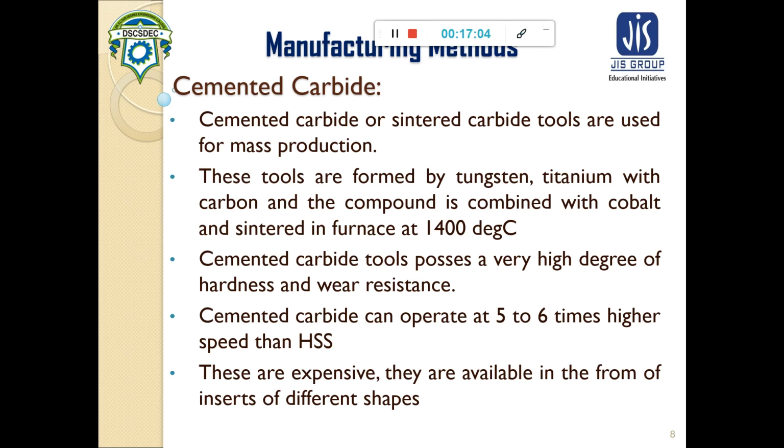By baking in the furnace, the powder particles will join with each other and make one solid piece. That piece is known as sintered carbide or cemented carbide. So this is how cemented carbide is made, and these tools possess a very high degree of hardness and wear resistance.